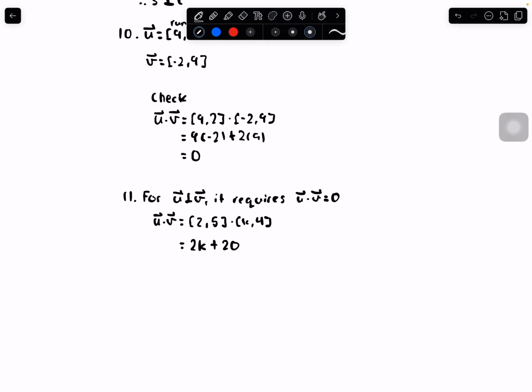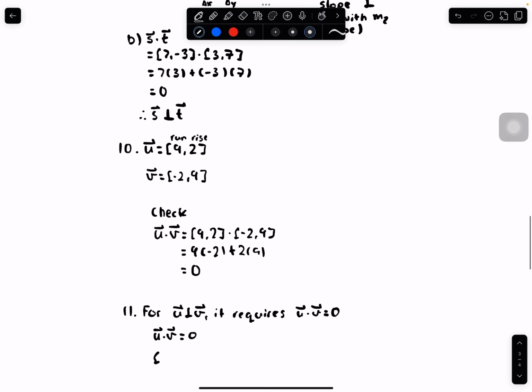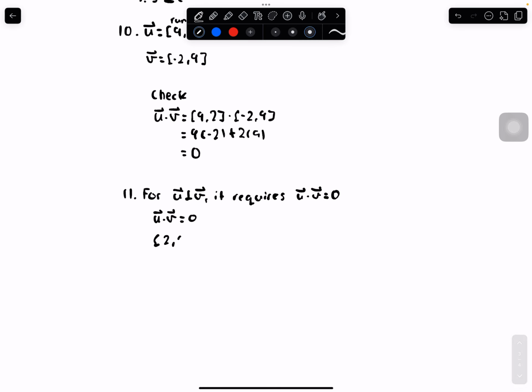So, how should I do this? I'm going to erase this. Two, 5, k, 4. 2k plus 20 equals 0.